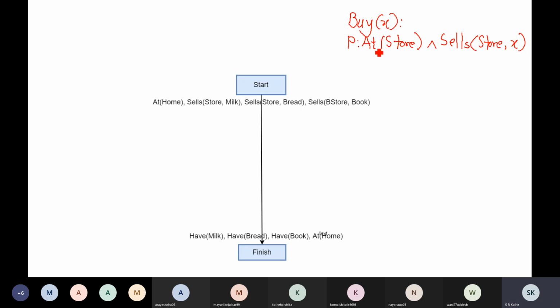Suppose X is milk. So to buy milk, robot should be at store and store should sell milk. If I replace X with milk, what will be the effect of execution of this action? Yes, now tell me this. If you perform buy X, what will be its result?